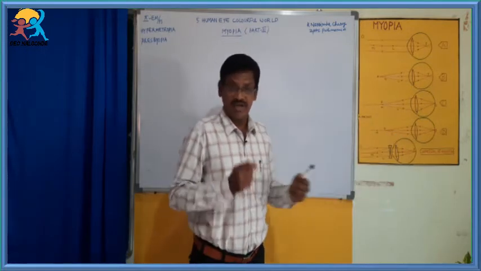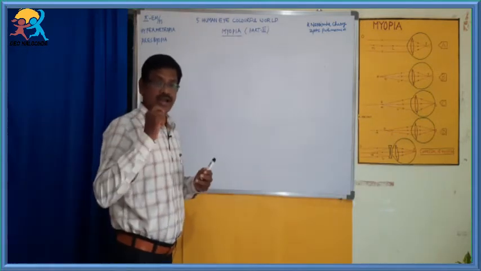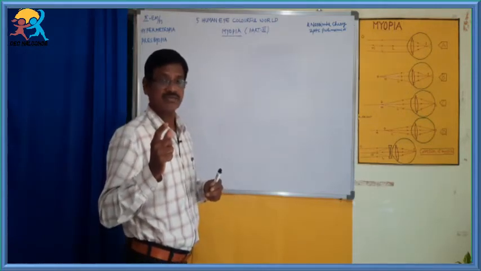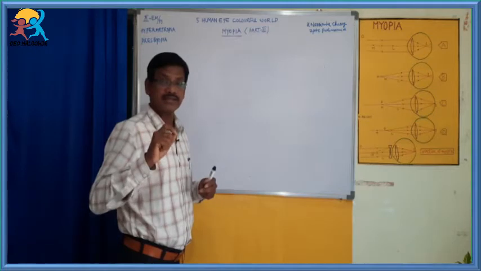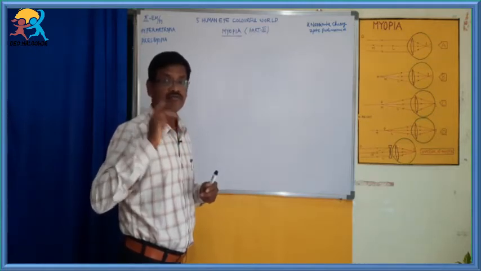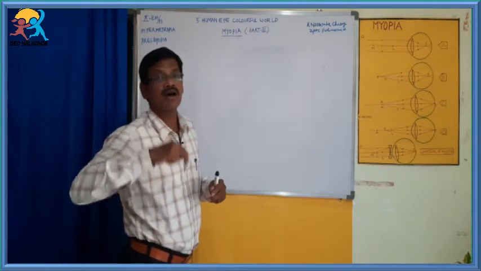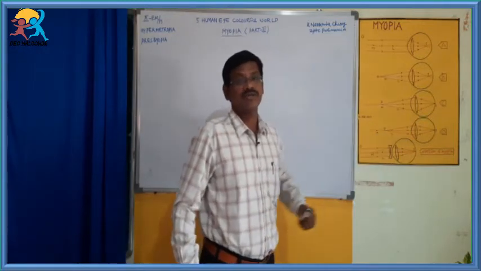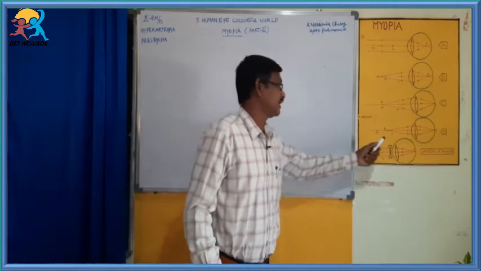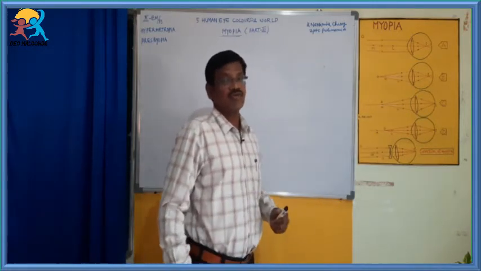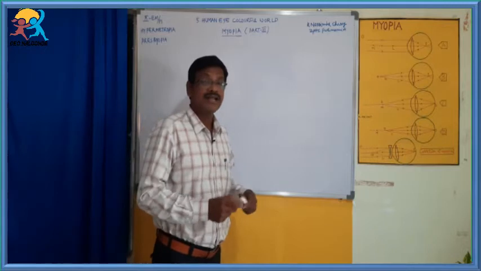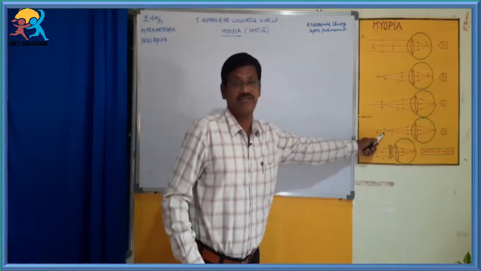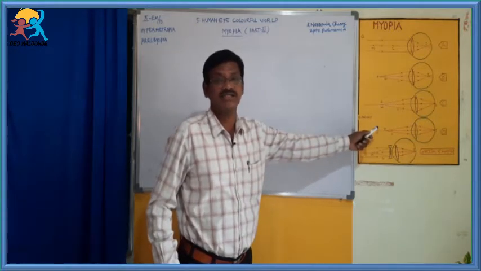I am telling you again that when an object is kept at a long distance, say infinity, we have to try to bring the image of that object to fall between M and L, so that the image of the object is seen clearly. This is the correction of myopia. And the lens we use to correct this eye defect is the concave lens.